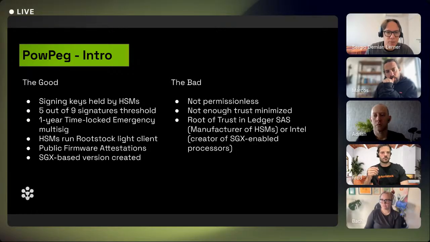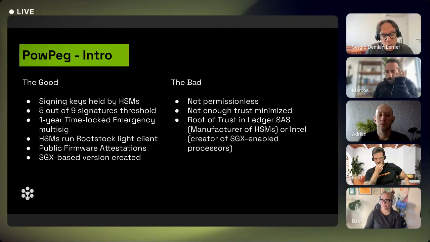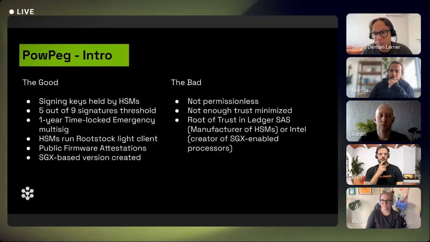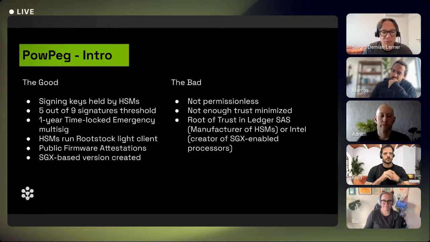We have this HSM that runs the Rootstock client. We have a feature called public firmware attestations, where anyone in the community can see what is happening in each one of the devices. And also, I don't remember if this is public or not, there is an SGX or Intel-based version of the bridge already created by Rootstock Labs.